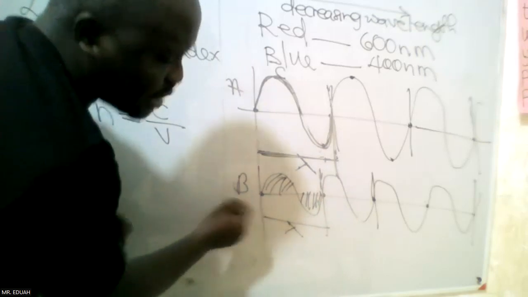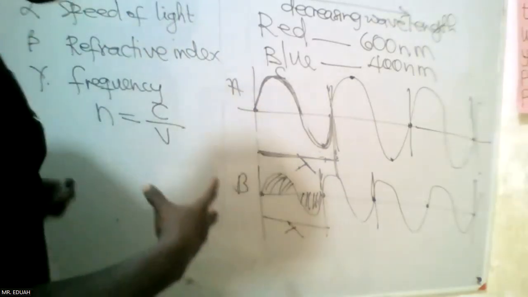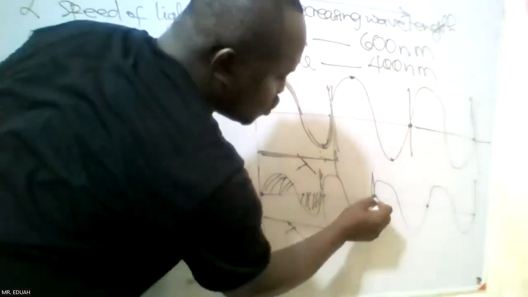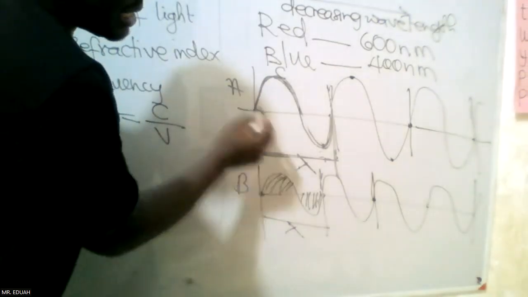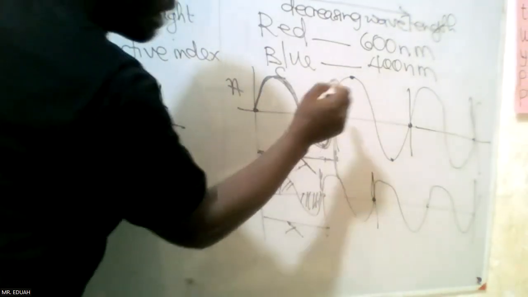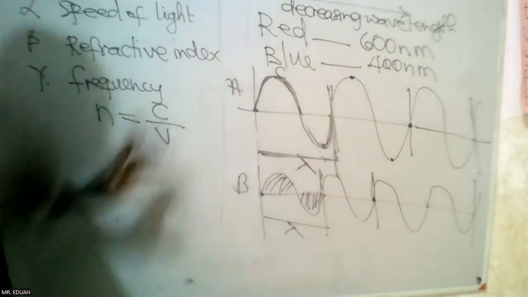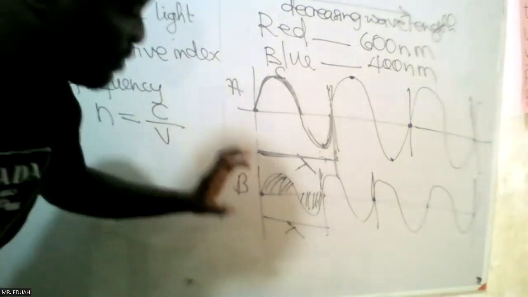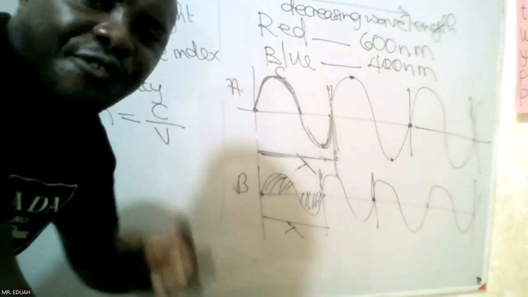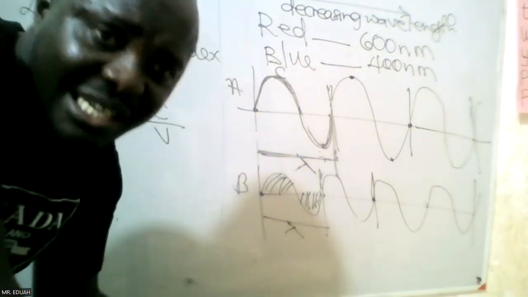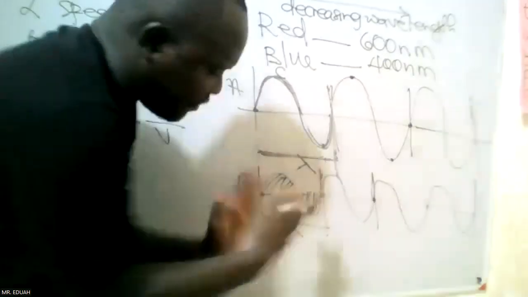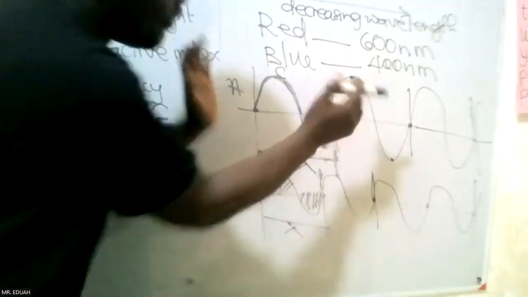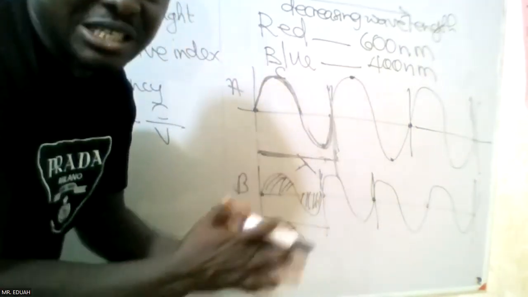B has a shorter wavelength, so when we count the complete waves, we have 1, 2, 3, 4, and a quarter. This wave has a longer wavelength, so we have 1, 2, 3, and something. So when a wave has a shorter wavelength, its frequency is high. Frequency is the number of complete waves per second. When it has a longer wavelength, frequency is less.